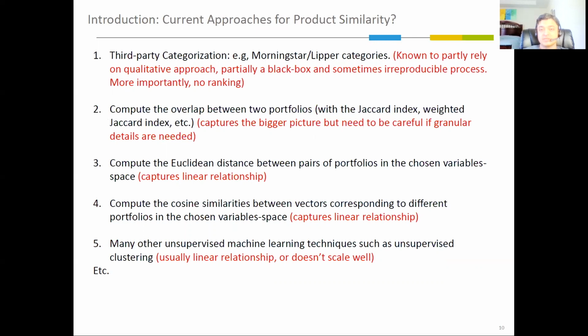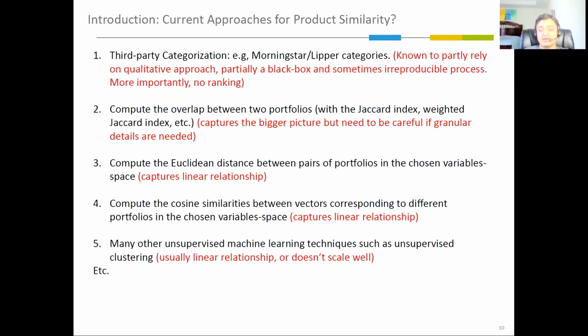to do product similarity. The most popular one is third-party categorization. For example, Morningstar or Lipper. These are third-party data vendors, and they have expert committees. They come up with specific categorization for each mutual fund in the market.